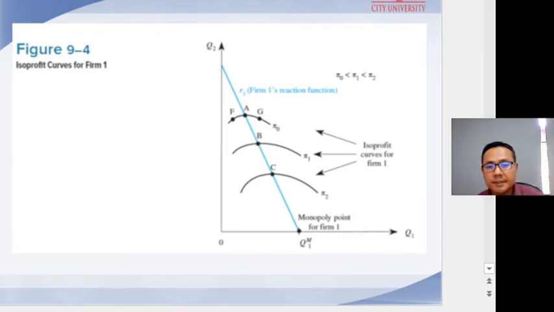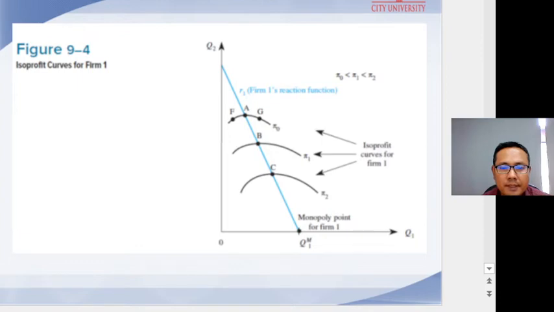Remember in part 1 we discussed the reaction function for firm 1, denoted as R1, along with these three isoprofit curves labeled pi 0, pi 1 and pi 2.